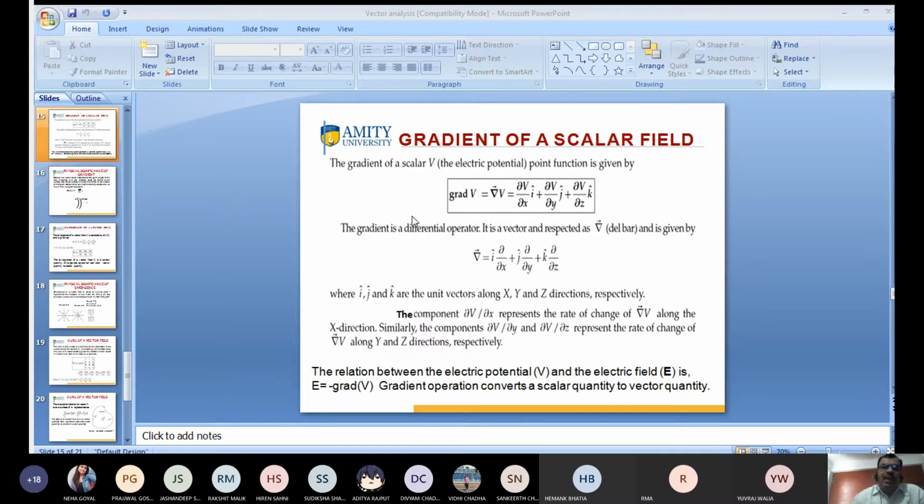When operated on any vector quantity with cross product, this gives the curl. Curl means rotation, which has direction, so again we get a vector quantity. This is very simple: gradient, divergence, and curl.